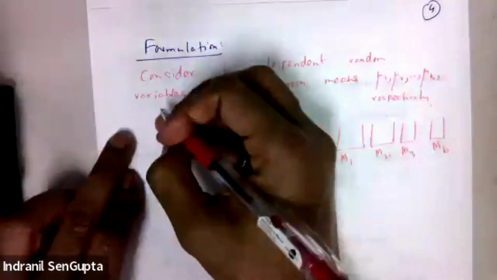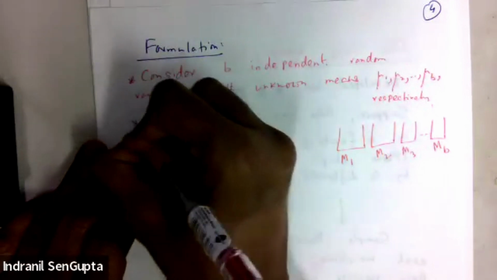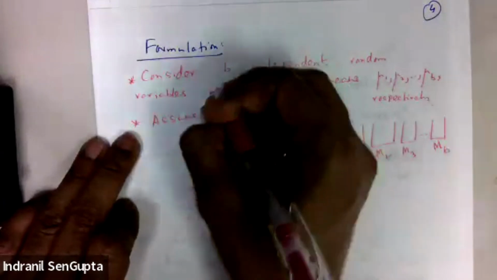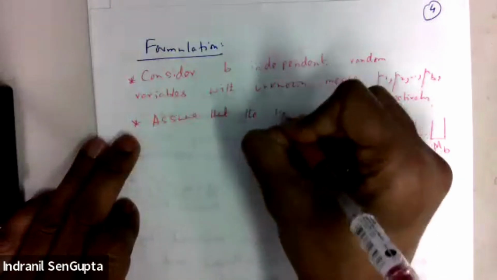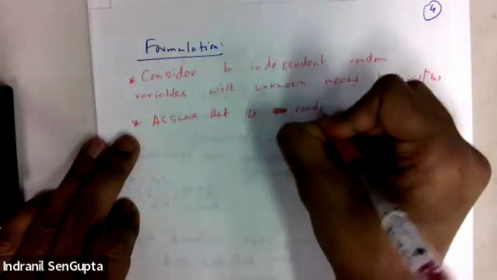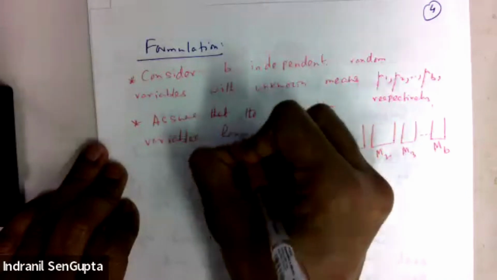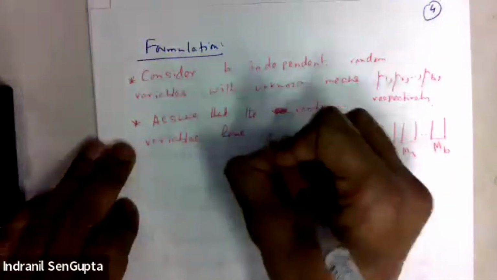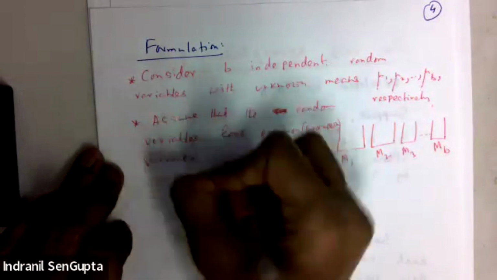So that's the sample mean. Here is an assumption. Assume that the random variables, in our case the weights, have a common but unknown variance equal to sigma square.